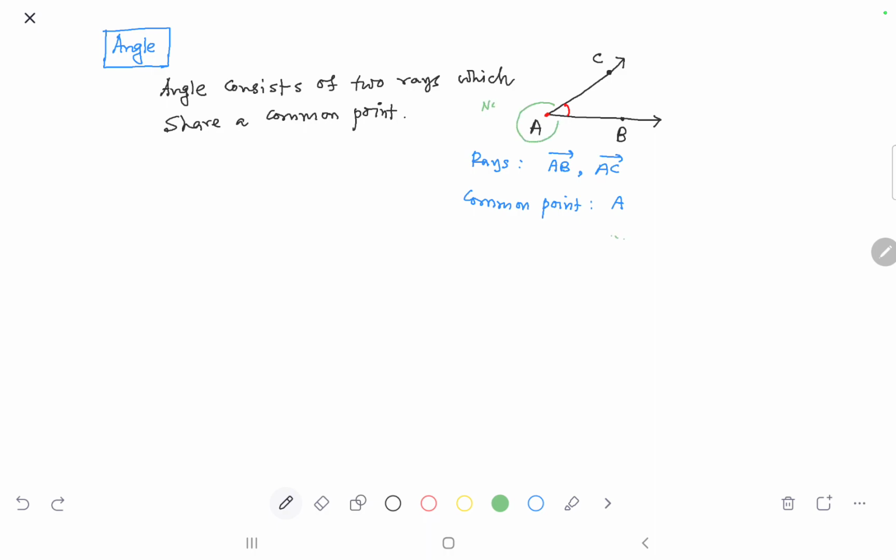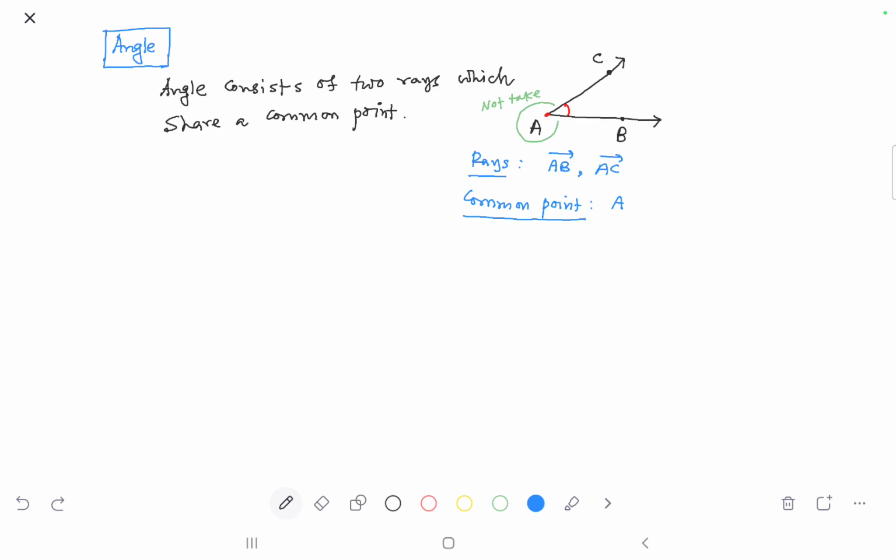Got it? We take the interior turn, that we basically want to say is the angle. So to define the angle, we need two rays, and those two rays share a common point. Then the picture we get is called the angle.